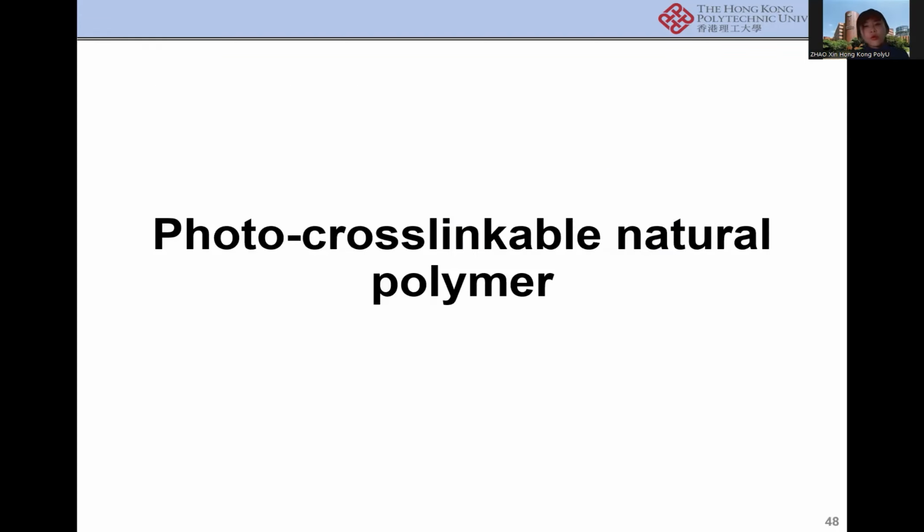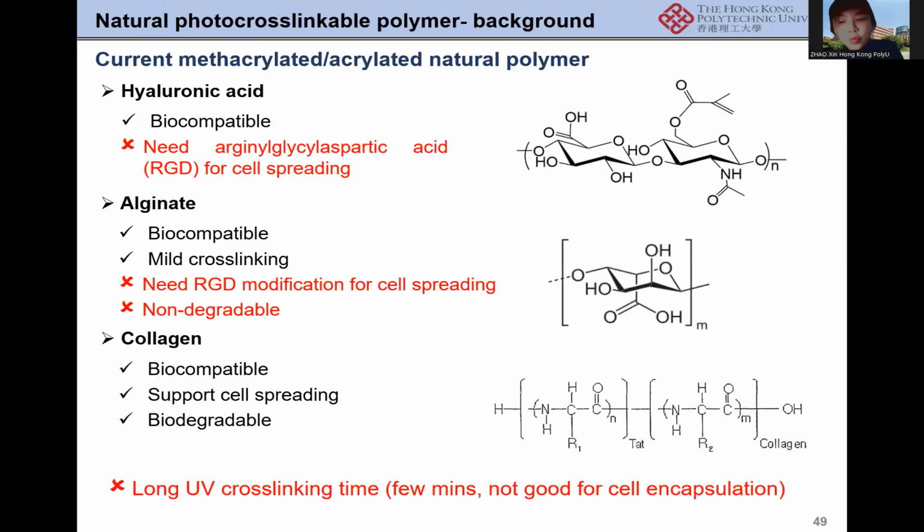And then we are going to talk about some photo-crosslinkable natural materials. This summarizes the current natural photo-crosslinkable polymers. For example, we have the photo-crosslinkable hyaluronic acid and the photo-crosslinkable alginate. But these two materials need the RGD modification for cell spreading.